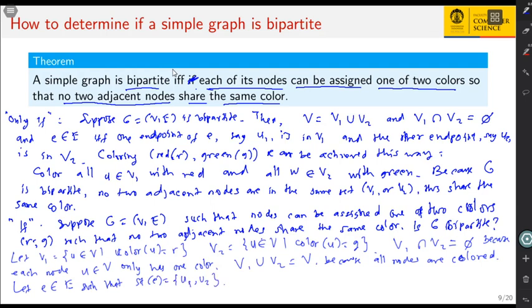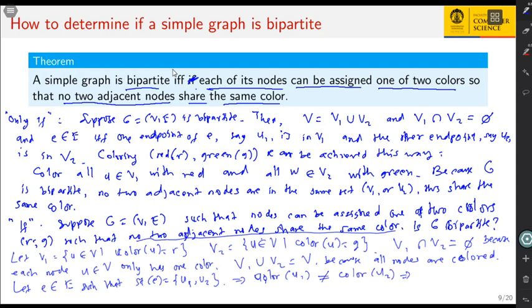Now because no two adjacent nodes share the same color, the color of u1 must be different than the color of u2.